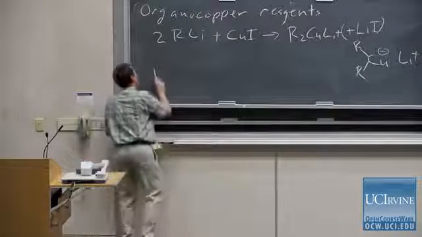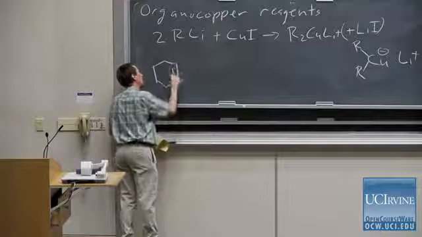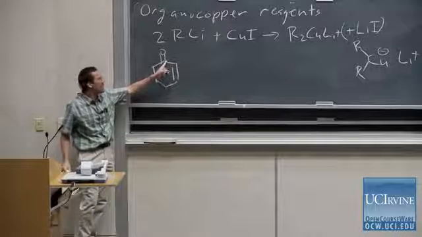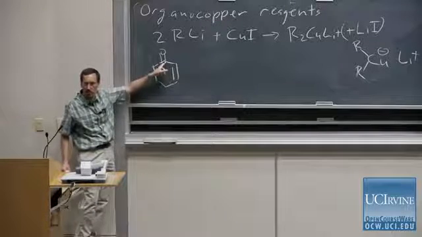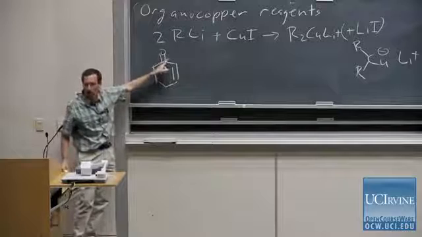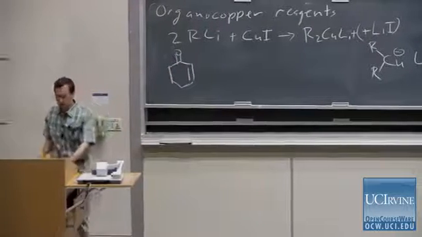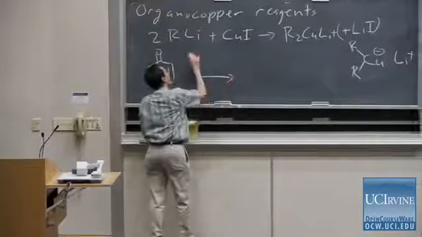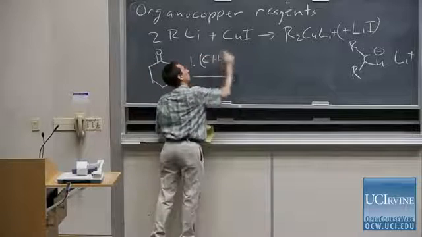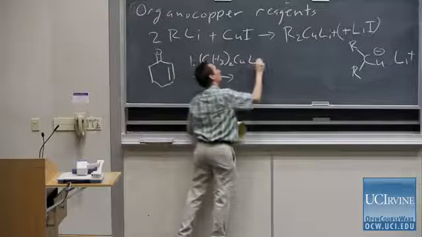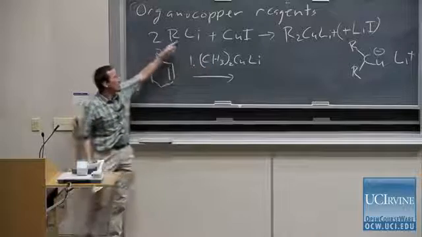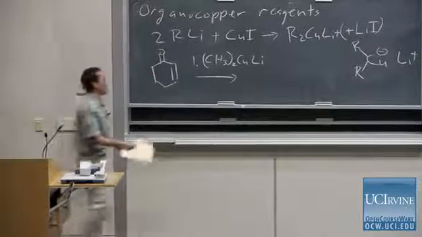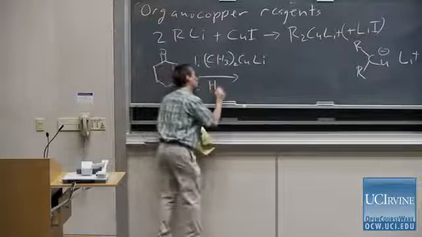So we learned, for example, that if you had cyclohexenone, if you treat it with, say, methyl lithium, the methyl lithium adds to the carbonyl group to give an alcohol at this position. If we treat our cyclohexenone, however, with lithium dimethyl cuprate, (CH3)2CuLi, so the organocuprate reagent you would get from adding methyl lithium to cuprous iodide, and then you carry out an aqueous workup, I'll just write H3O plus.